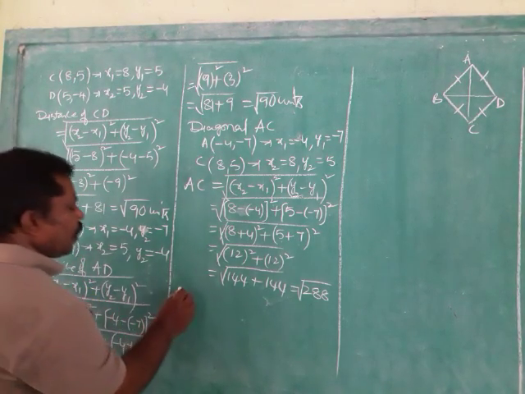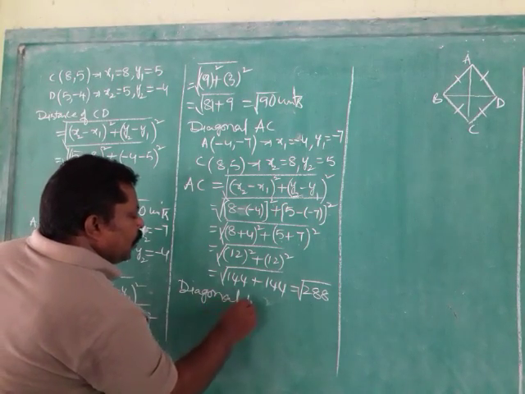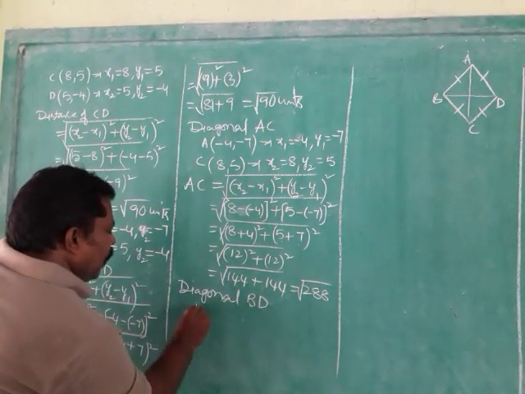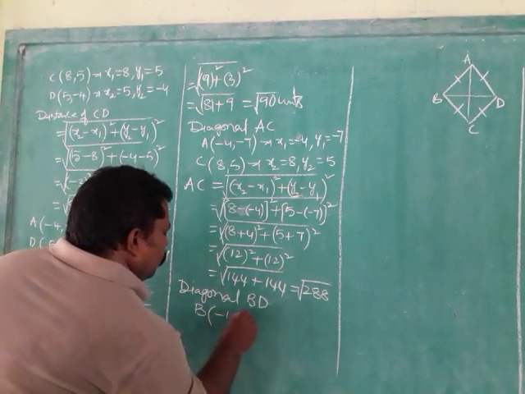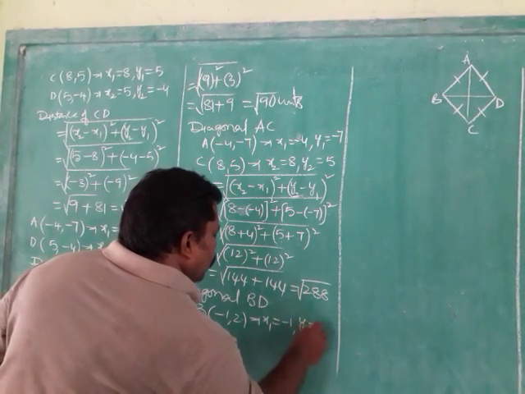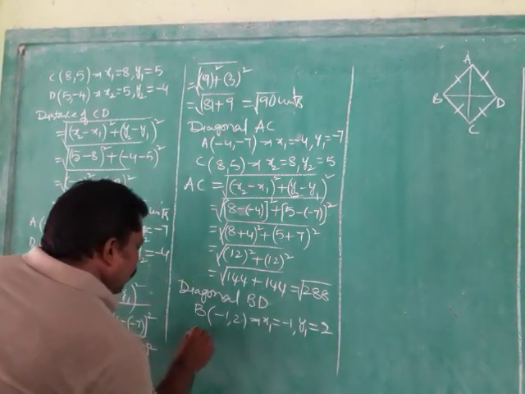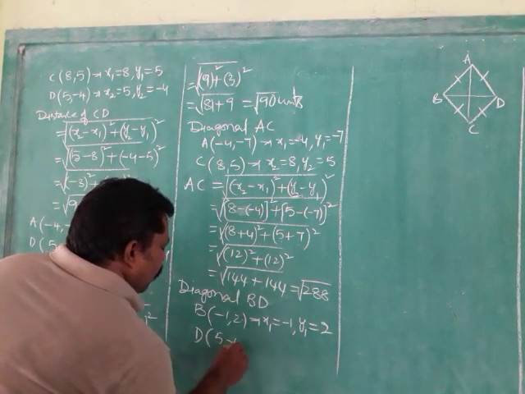Now diagonal BD. B point is (-1, 2). That implies x1 is equal to -1, y1 is equal to 2. D value is (5, -4).